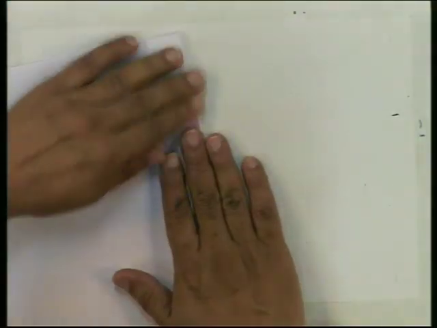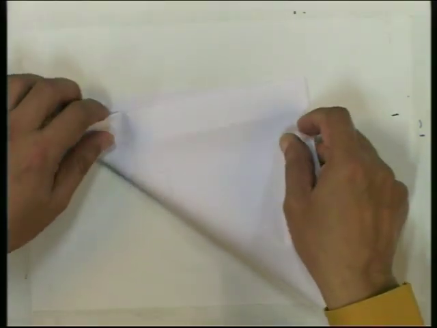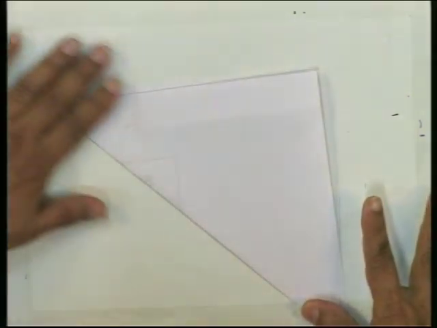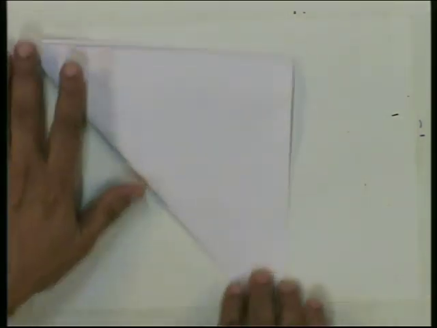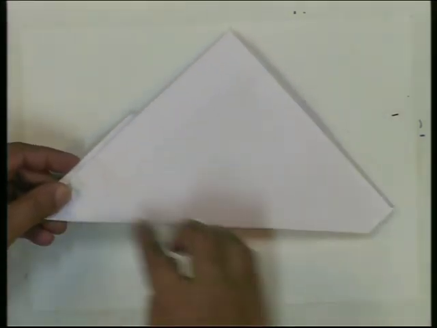First I should get a square, then only I can have a perfect triangle. Yes, this is a triangle. So, let us say these are the 3 nodes, 1, 2, 3.